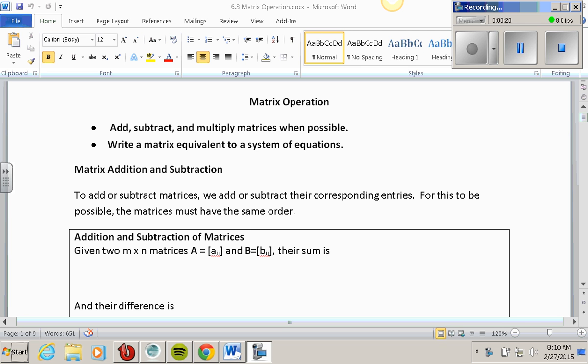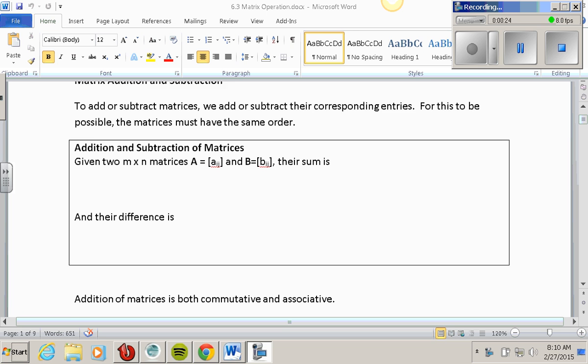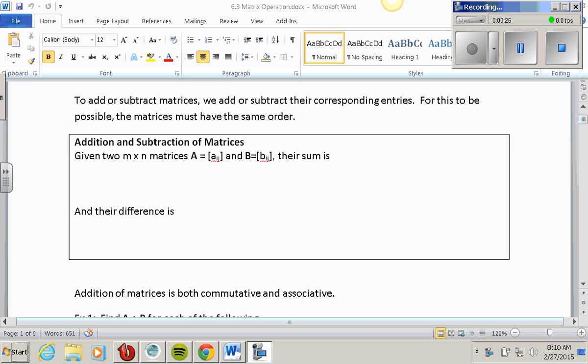Okay, so adding and subtracting matrices. In order to add and subtract matrices, we have to add or subtract the corresponding entries. For this to be possible, the matrices must have the same order. Okay?